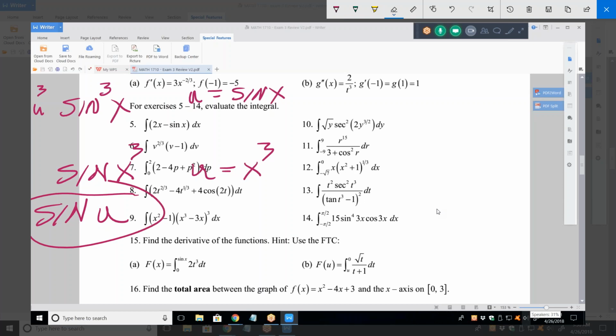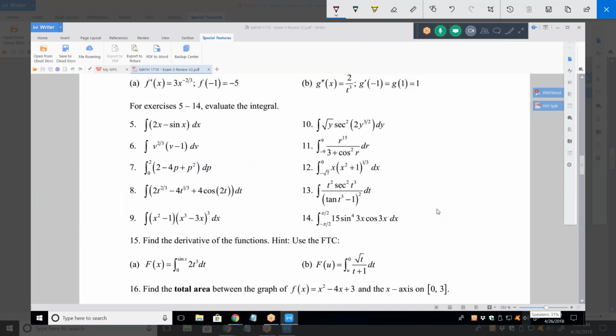And listen, let me not pass this because this is really important. So differentiate this for me. Remember what it is. It's u cubed. How would you differentiate u cubed? It'd just be 3u squared, right?